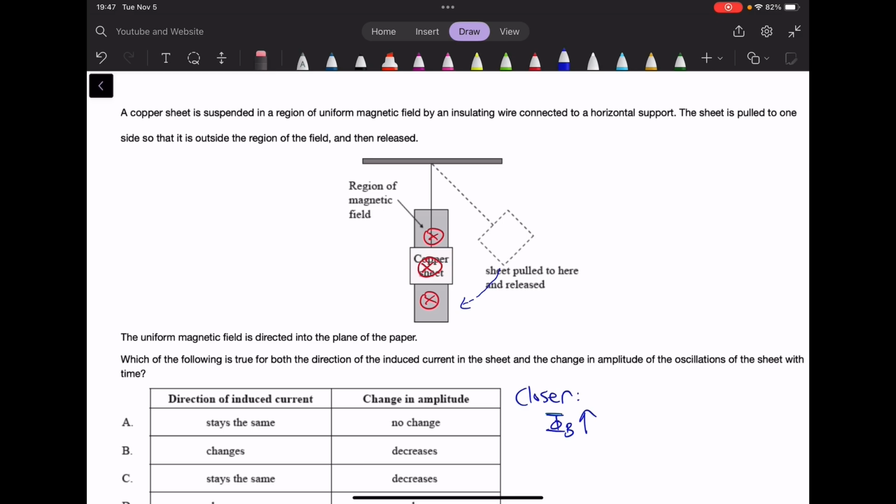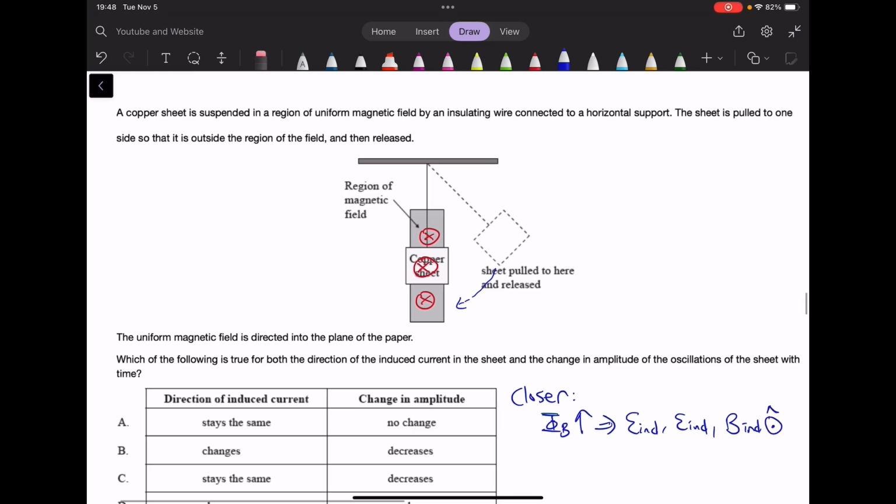And by Lenz's law, we know that when there is a change in magnetic flux, there will be an induced voltage to oppose the change. So magnetic flux increases, we will have an induced current to oppose the change. So in order to reduce the change, induced magnetic field will point out of the page, right?